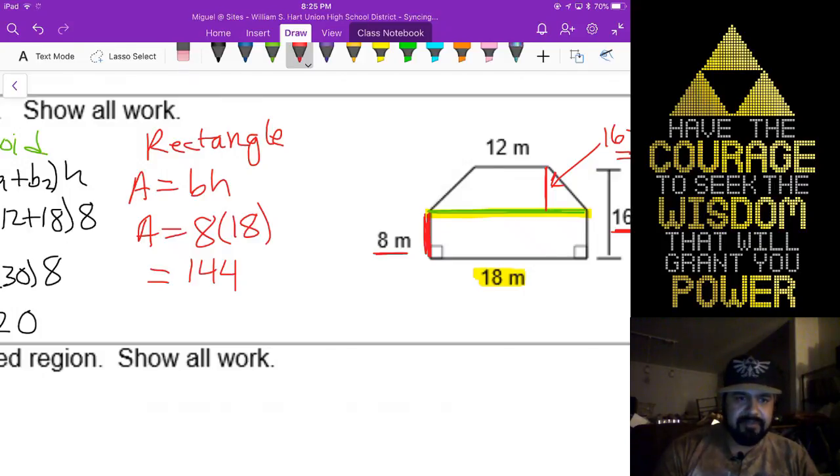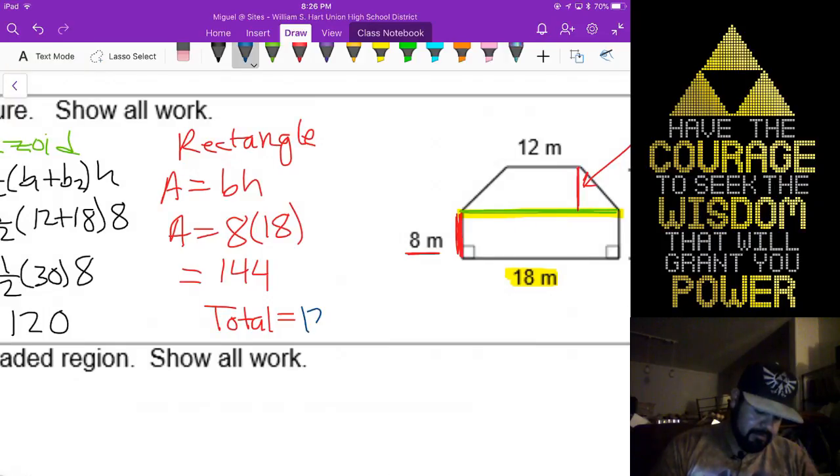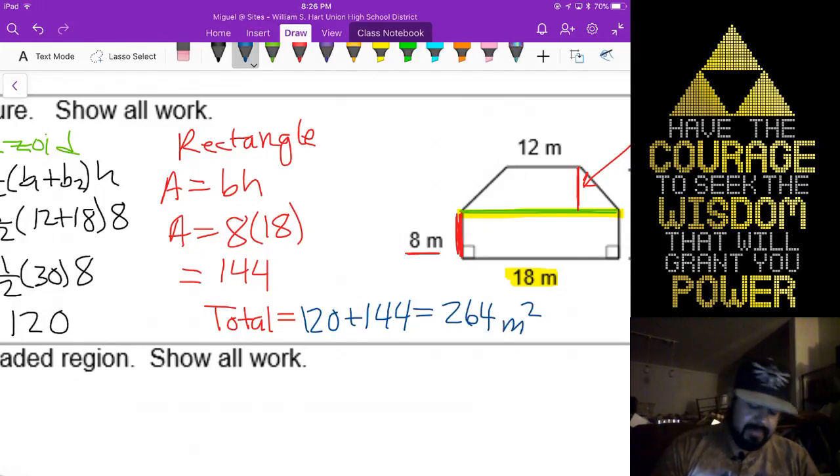Yeah, so that's 144. So then my total area is the 120 plus 144. And so there you go.